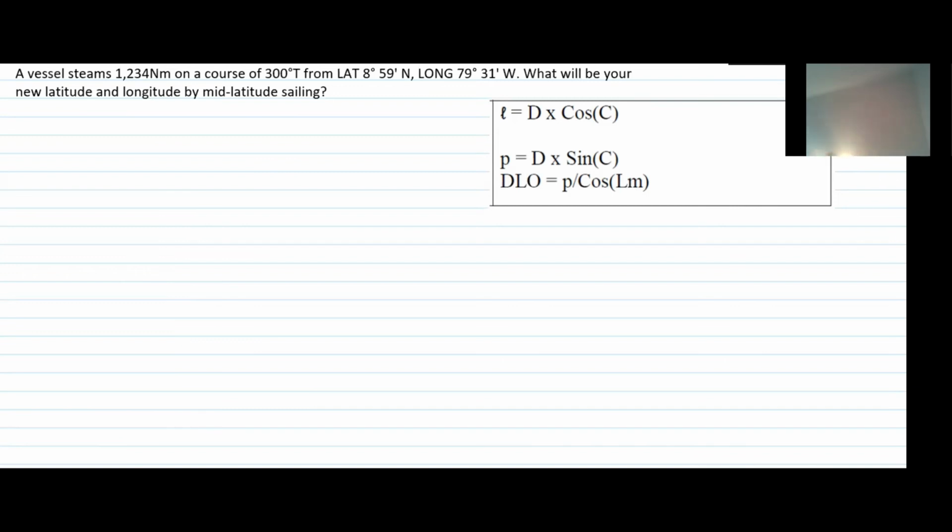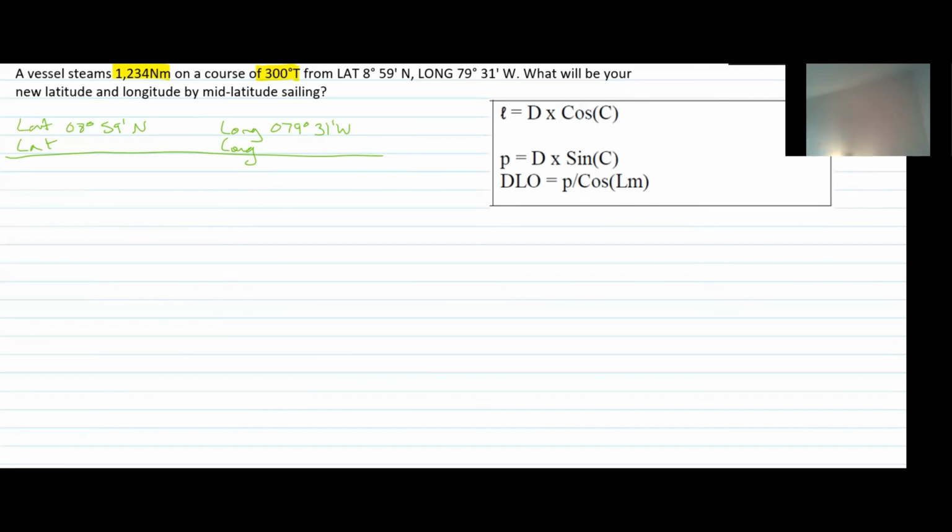So we'll be using the two highlighted things first, so the nautical miles and the 300 degrees true. We'll start with our lat, just like we did at the beginning, so latitude 08 degrees 59 minutes north, longitude 079 degrees 31 minutes west.